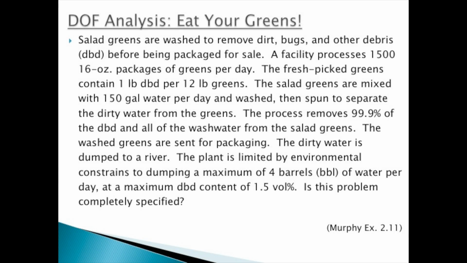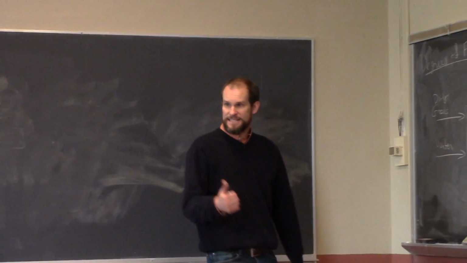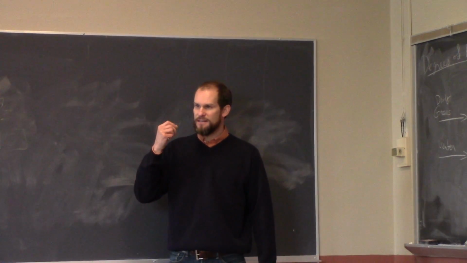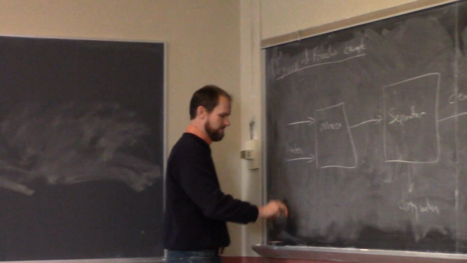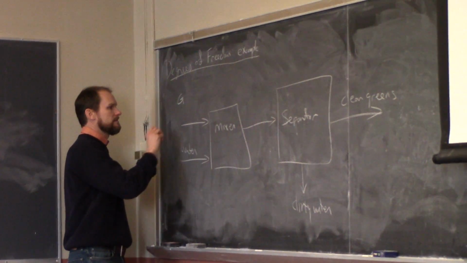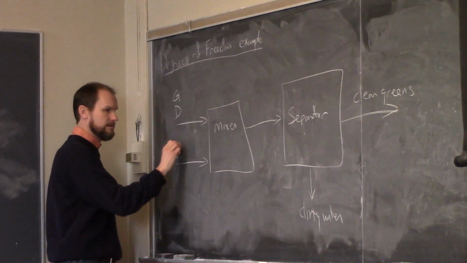Thank you. All right, then we need some variables, or we need to label this. Choose some components and label them. What should our components be? Greens and dirt. Okay, so this is an example of using composites instead of molecules or atoms. So let's have some greens, let's have some dirt, let's have some water.